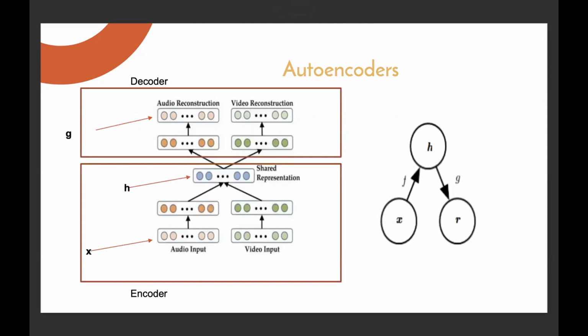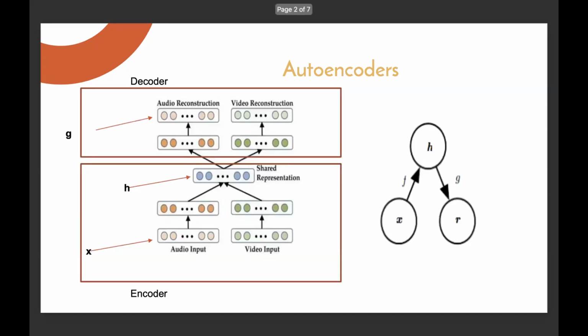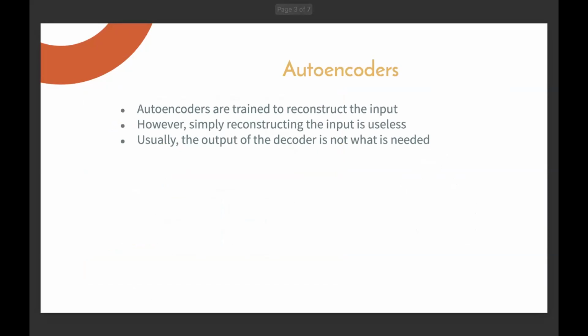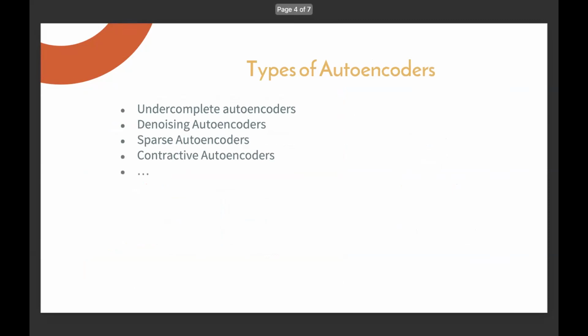Maybe in the lecture, the professor will talk about variational autoencoders. With variational autoencoders, we can generate some new things. We will not use the decoder part, but we will use the h to generate some new things.